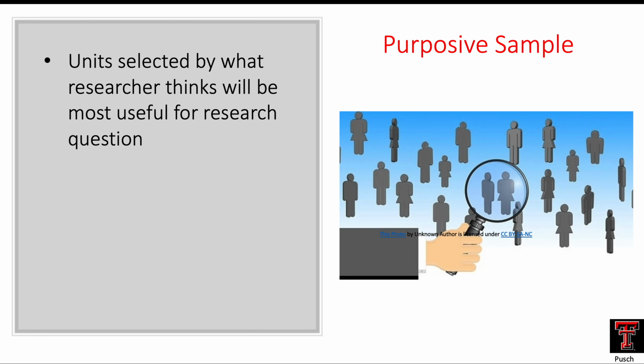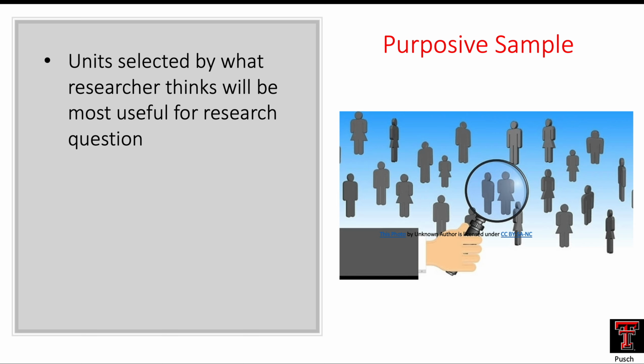Okay, so next is purposive sample, and this is similar to a convenience sample where you're kind of asking who's available, but the units are selected by what the researcher thinks will be most useful for their research question. So the researcher has some things that the people involved in the sample need to have.